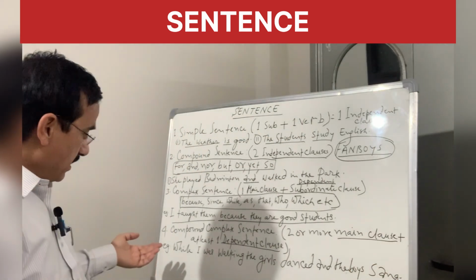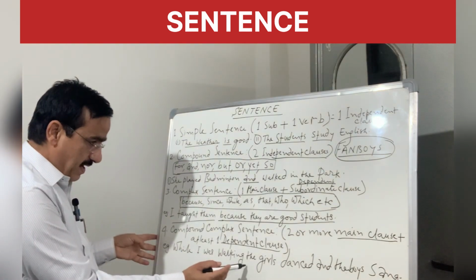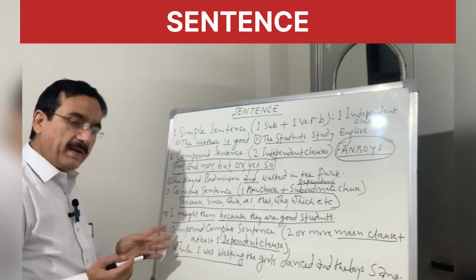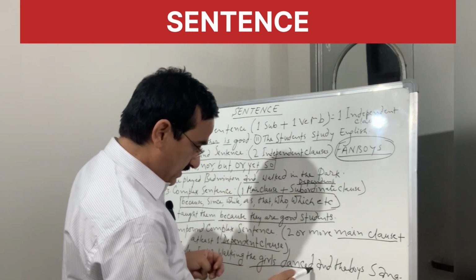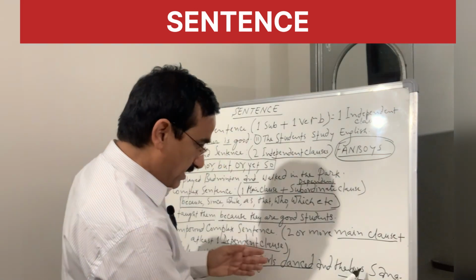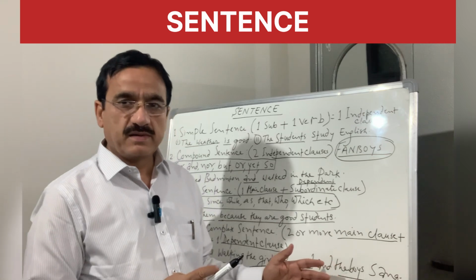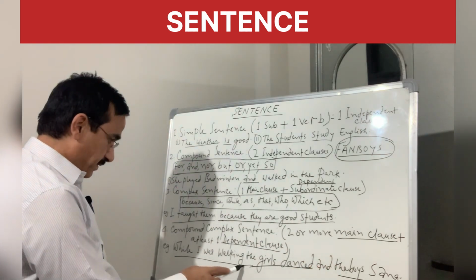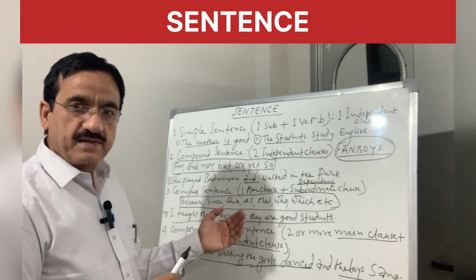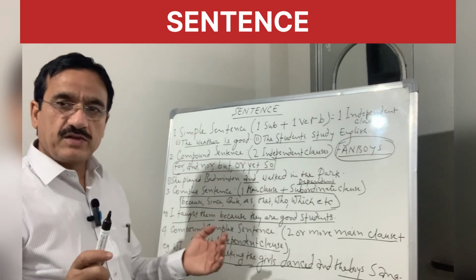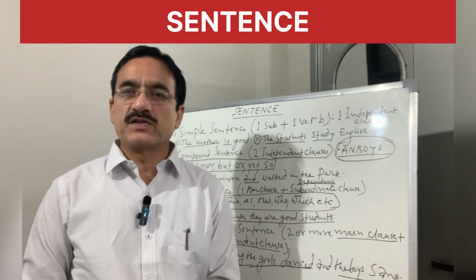So this, while I was walking, is what? While I was walking is a dependent clause, subordinate clause. And the girls danced and the boys sang, these two are independent main clauses. Hence, this is a perfect example of compound complex sentence.